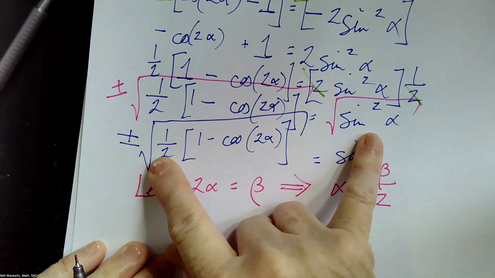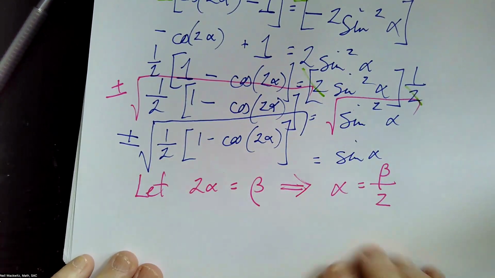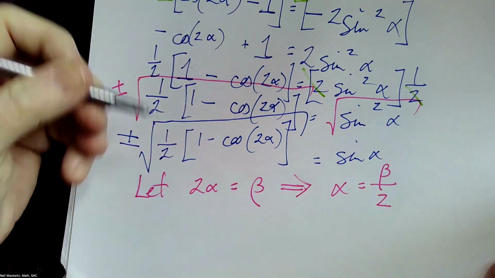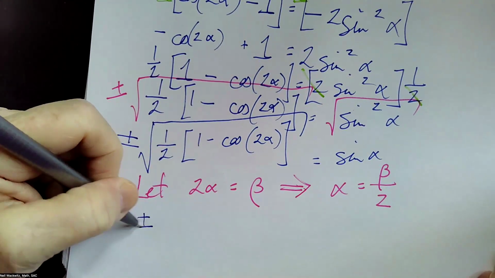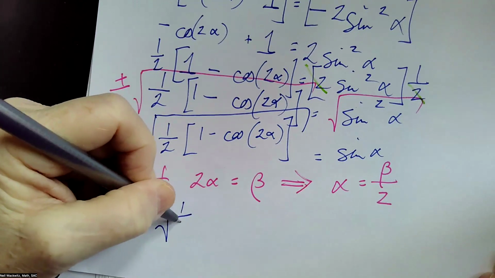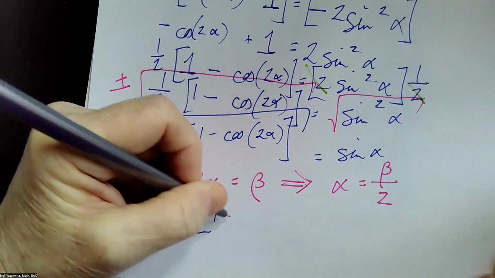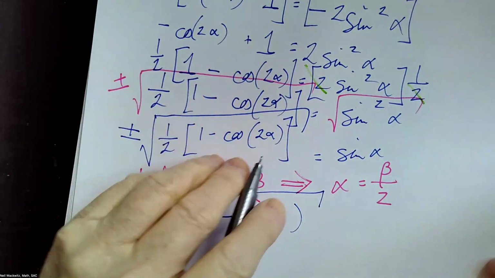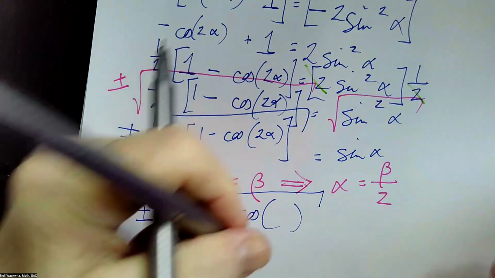And we're going to change this equation we just wrote using these betas. So I've got on the left side here, plus or minus 1/2, 1 minus cosine, but instead of 2 alpha, I'm just going to put beta.